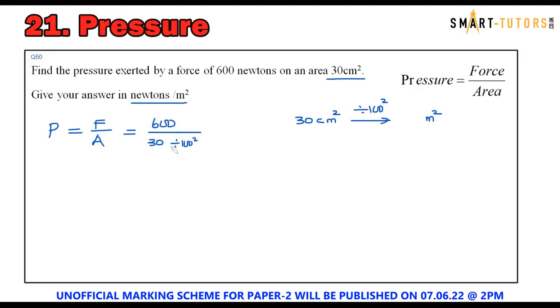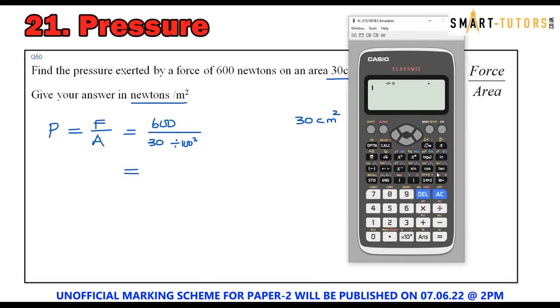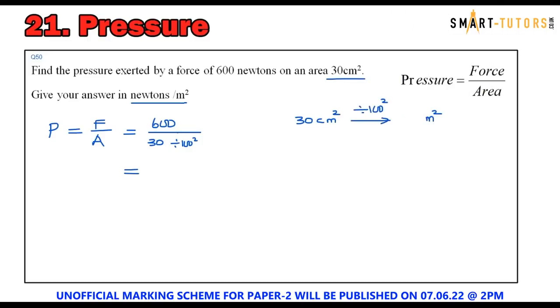You don't need to worry about any of this calculation. You press the calculator to get the answer straight away. That's all you need to do. So open the calculator: fraction 600 divided by bracket start 30 divided by 100 squared bracket close. That's all you need to do. So the answer is 200,000 newtons per meter squared.